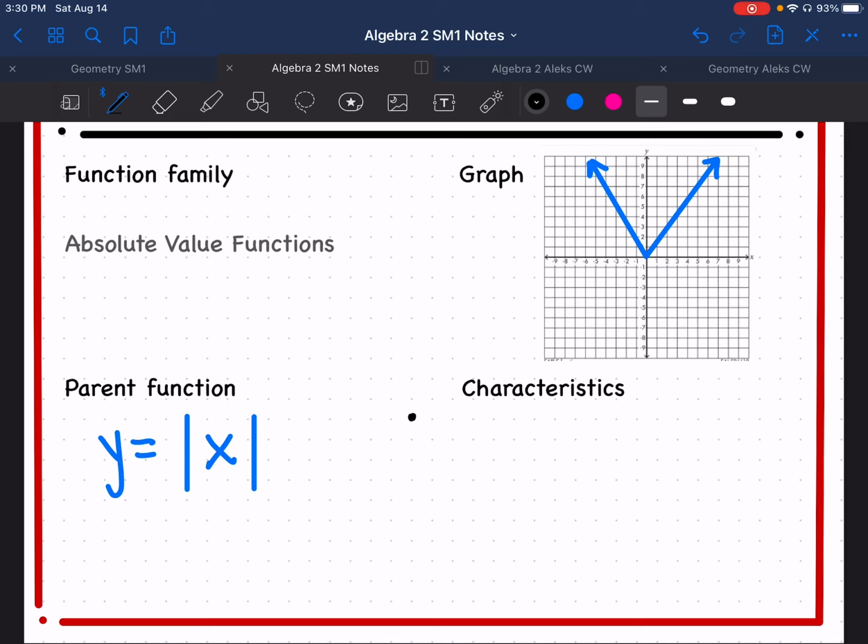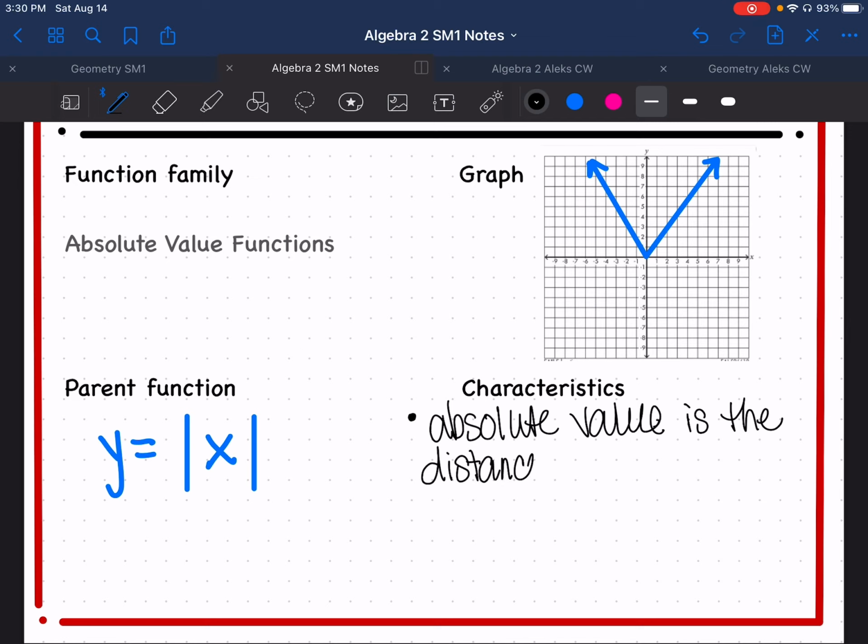Let's go ahead and talk about the characteristics. Just some things to remember. The absolute value of a number is the distance from zero.